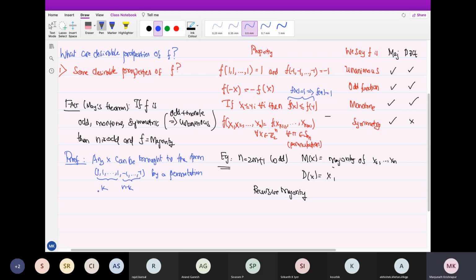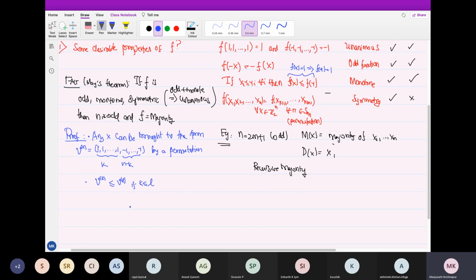Now you see that any two such vectors are comparable. If I call this vector vk, then any vk is comparable to vl. Vk is less than or equal to vl if k is less than or equal to l, because vl means there will be more plus ones and then fewer minus ones, right? So this comparison is there.